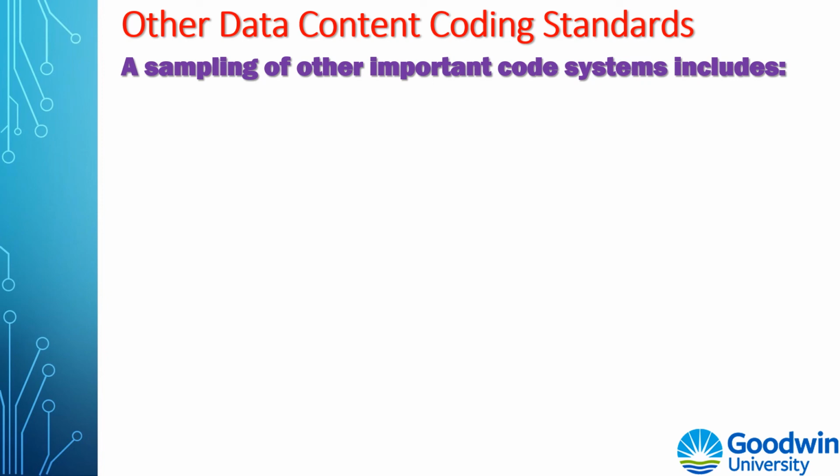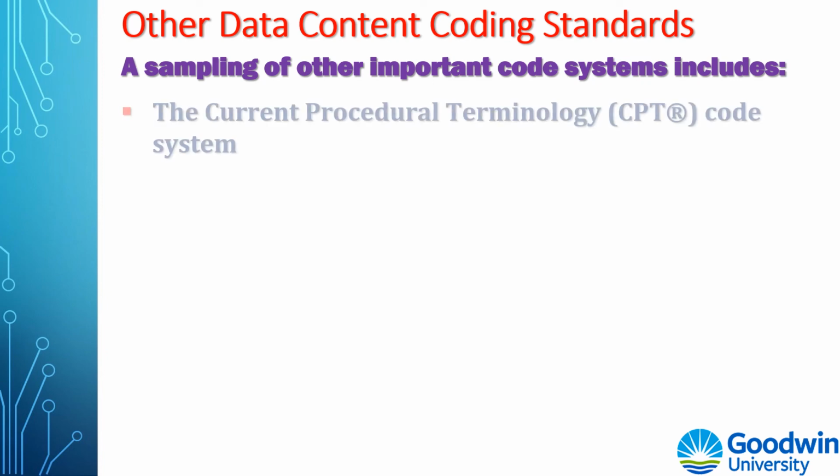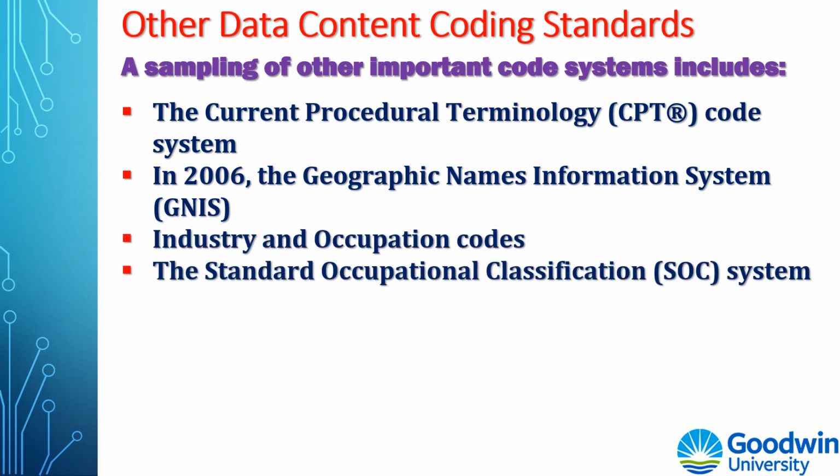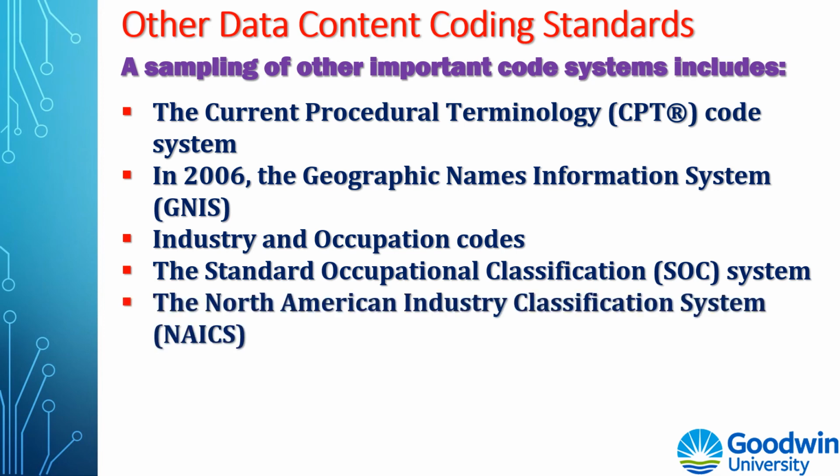There are other data coding standards. Those can include the current procedural technology code system. In 2006, the Geographic Names Information System was adopted. The Industry and Occupation Codes, the Standard Occupational Classification System, the North American Industrial Classification System, and demographic codes can also be added on to that.